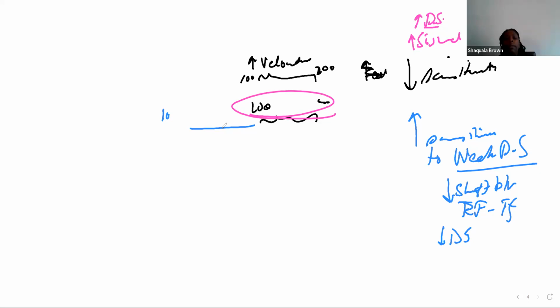Whereas with increased sensitivity, if you increase the sensitivity, that will mainly mean that it will even be responding to weak signals.